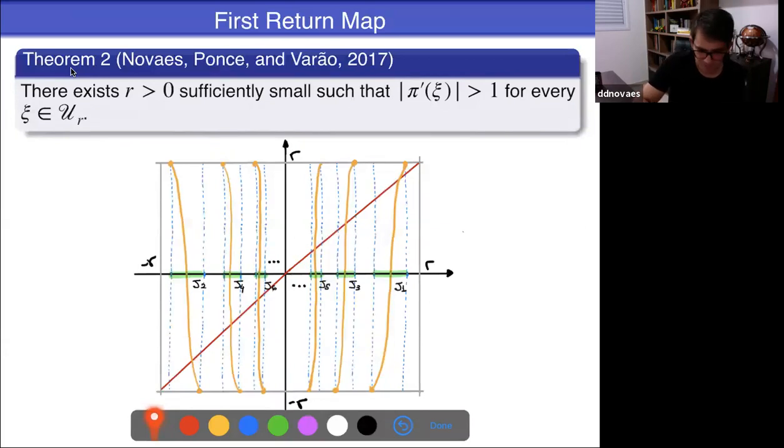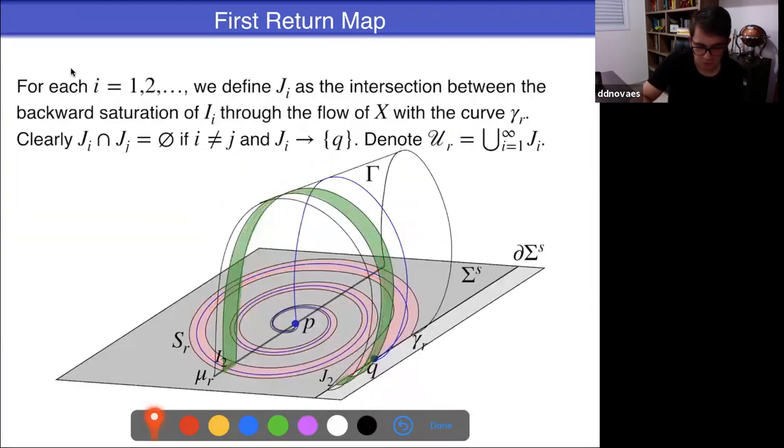Okay, so let us consider the set J2. If we come back, we see that the extremum of J2, the closest extremum of J2 to Q, goes to the extremum which is the closest one to P, and then if we follow the flow, we see that the image of this point is minus R. Okay, and analogously, the image of the other extremum of J2 is R. It goes to here.